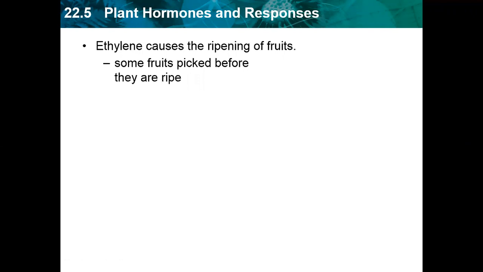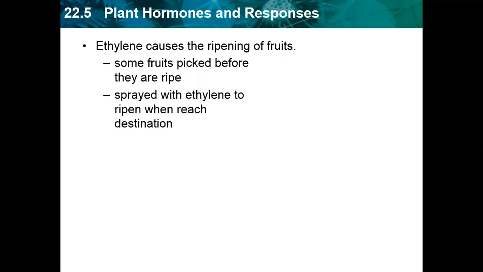Some fruits are picked before they are ripe, and they are sprayed with ethylene to ripen when they reach their destinations. Sometimes farmers decide to pluck the fruits before the ripening time because they have to move the fruits a far distance before they get to their destinations.